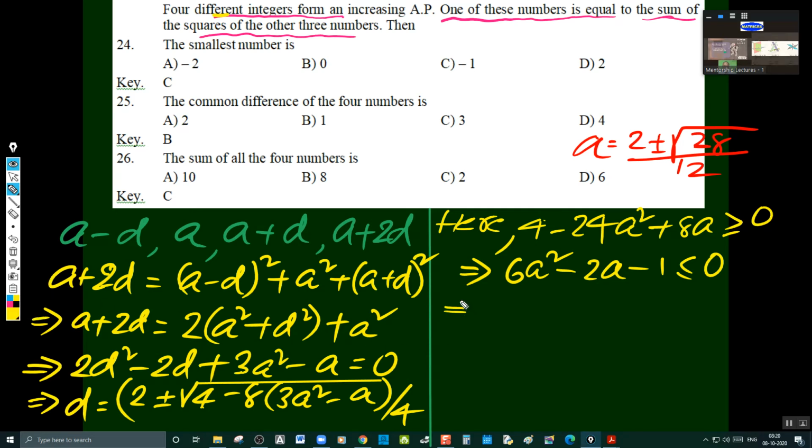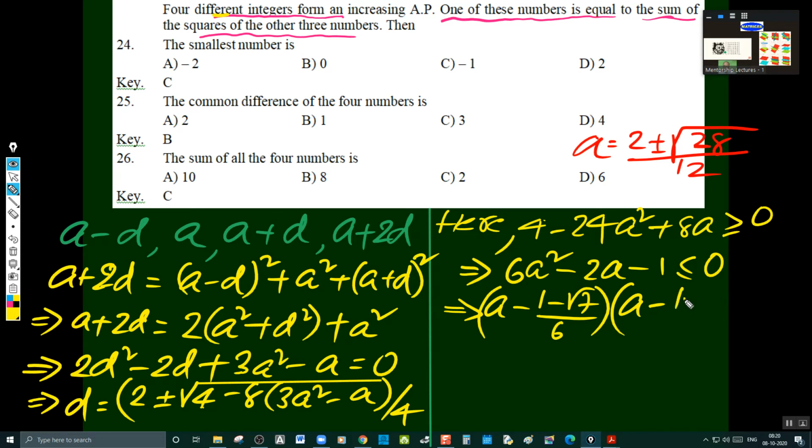So you will have the factors like this: a minus (1 minus root 7) divided by 6, into a minus (1 plus root 7) by 6, is less than or equal to 0.